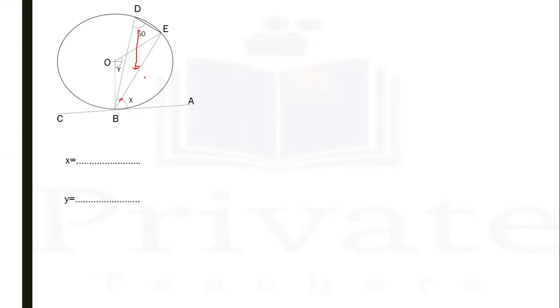And look, the angle 50 is made on the arc EB. The angle Y is made on the arc EB. The angle 50 is a circumferential angle. The angle Y is a central angle. Therefore, Y is double of 50, which is 100 degrees.